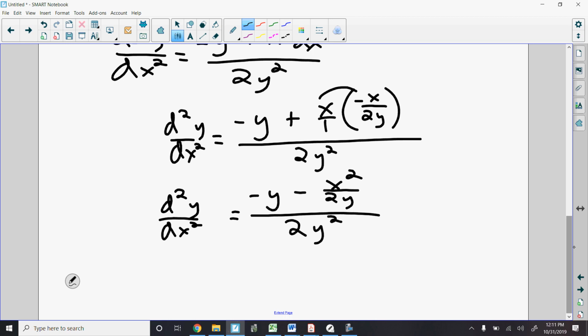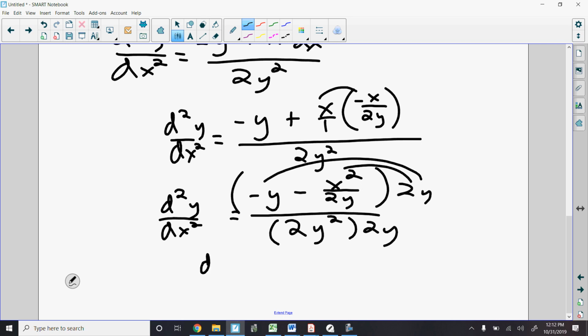And I like to take one more step here to avoid having a fraction within a fraction. If you look at this, this is the fraction I want to eliminate. So I'm going to multiply by 2y here to get rid of this. But I need to do that on the entire top and on the entire bottom.